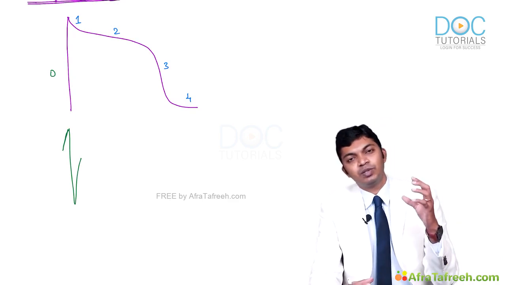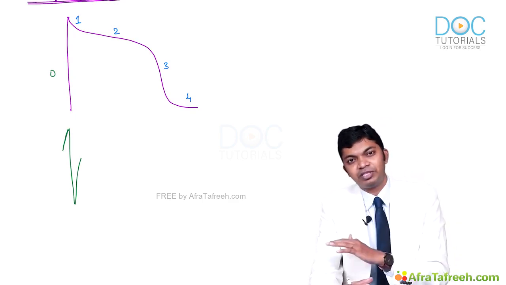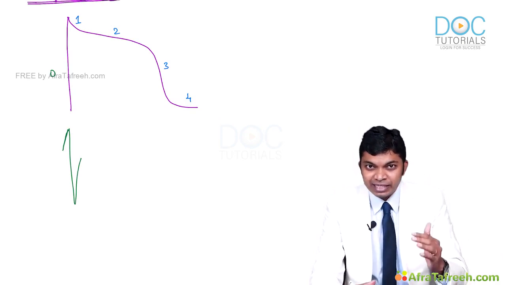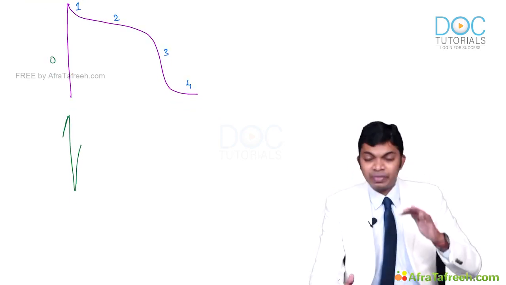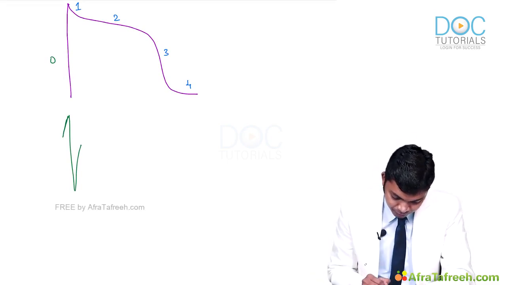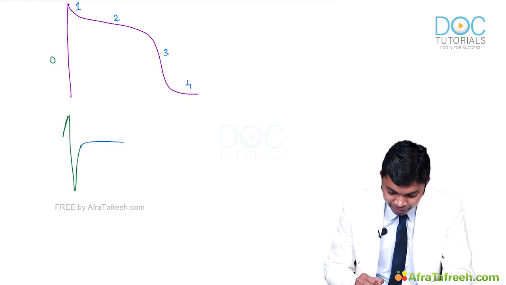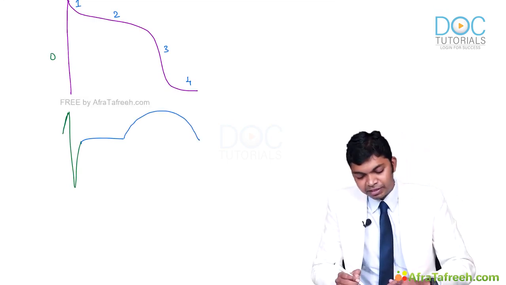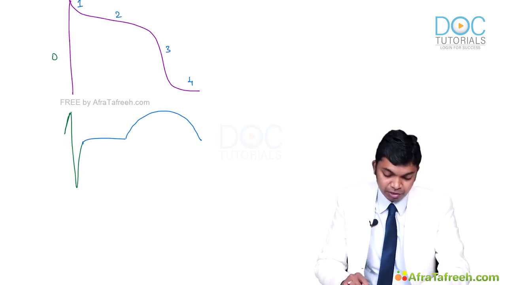So the flat line in the action potential graph is due to isoelectricity, which is exactly replicated in ECG, doctors. The plateau phase is represented by the ST segment and the T wave represents phase 3 and phase 4 of action potentials.